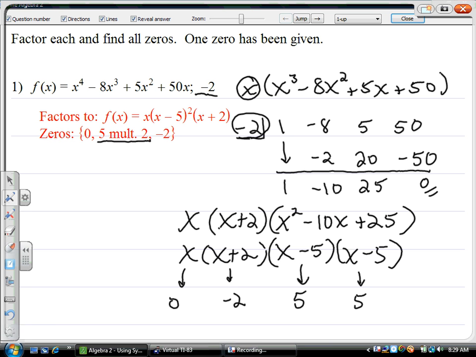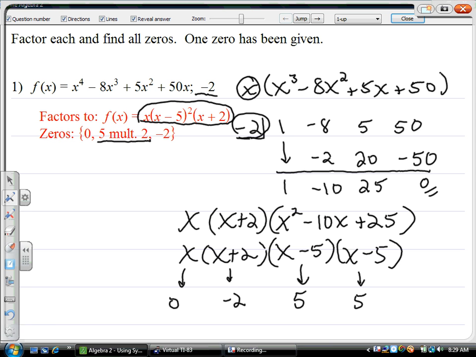So obviously our final factored answer is already in red here. How do you tell about multiplicity? Well, you've got that exponent right there that helps you.